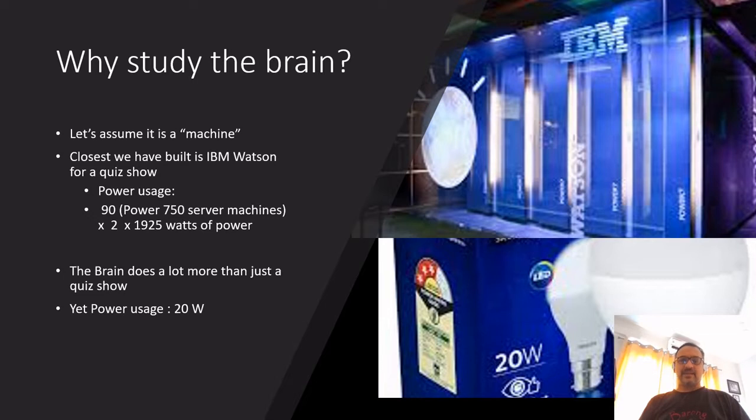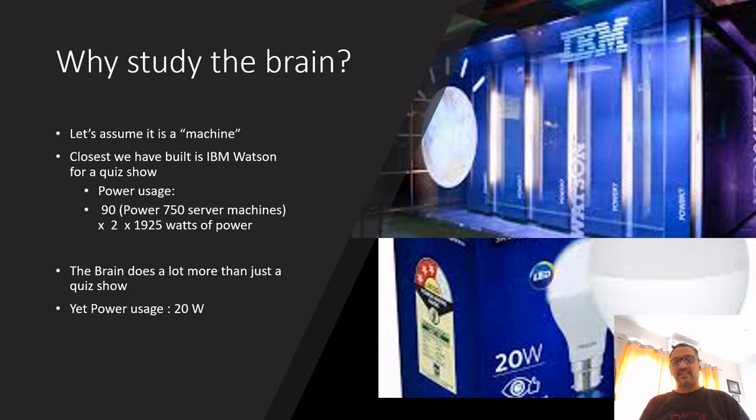Okay, the second part of it is why exactly do we want to study our brains, right? Let's assume that it's a machine, a pretty smart machine, and the closest we have to a proper brain in terms of a machine is IBM Watson, which was built, it showed its prowess on a quiz show.